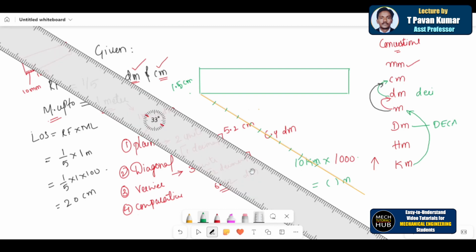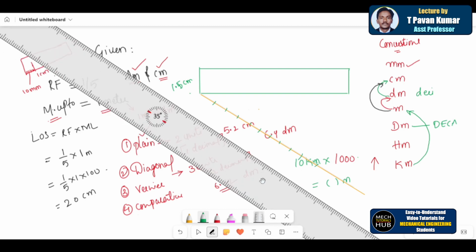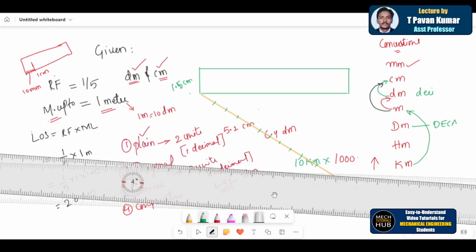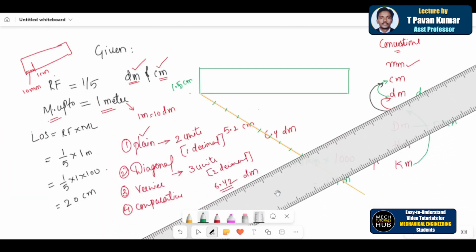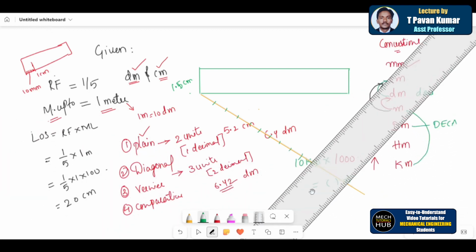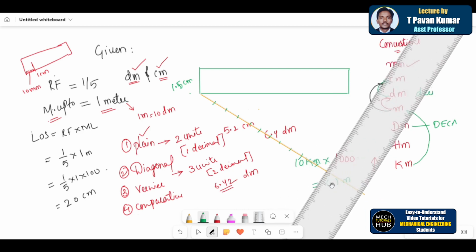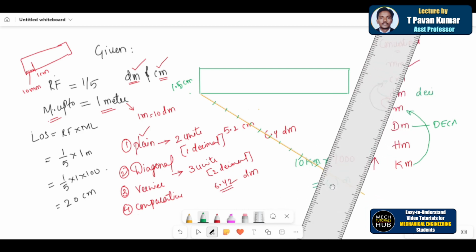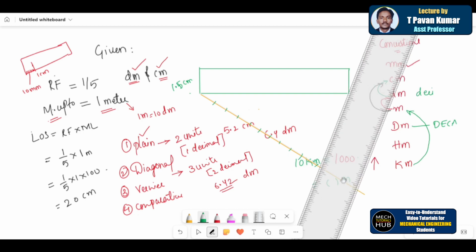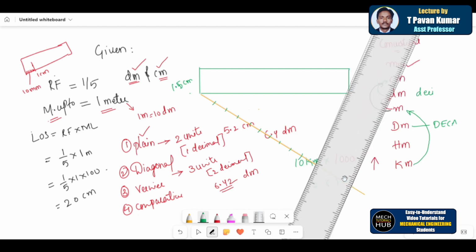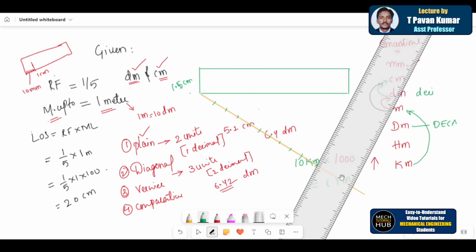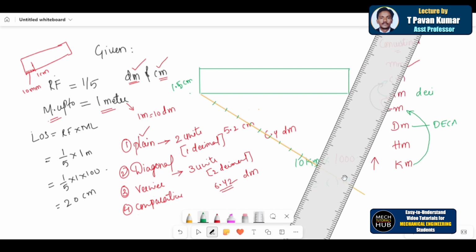Now the last division should be joined with the end point of the scale, like this. I think most of you know, but still I am trying to explain. This is my last point, and I'm aligning it with the end point of the scale. This last division I'm joining with the end point.